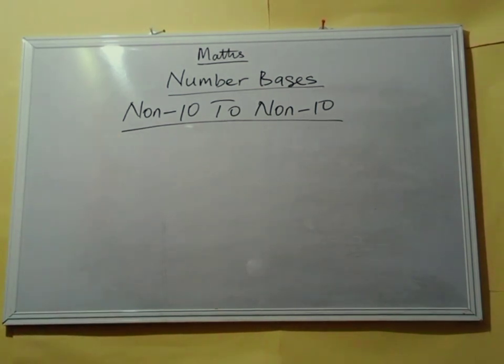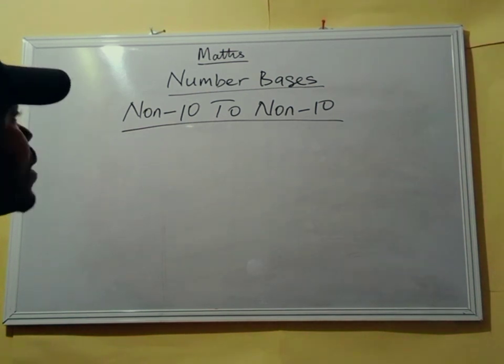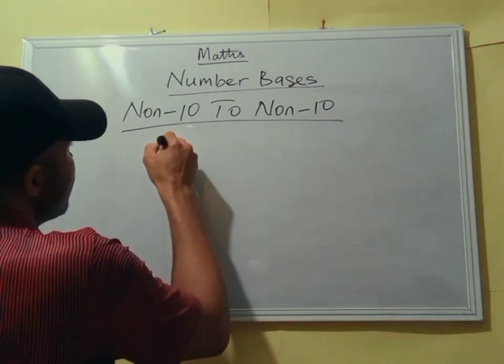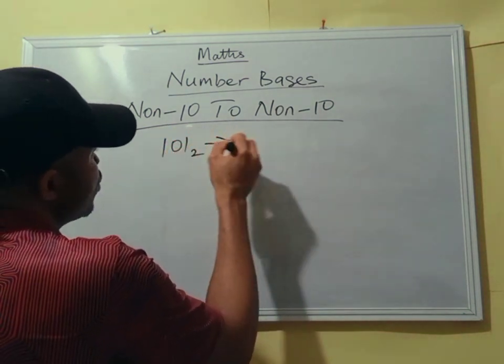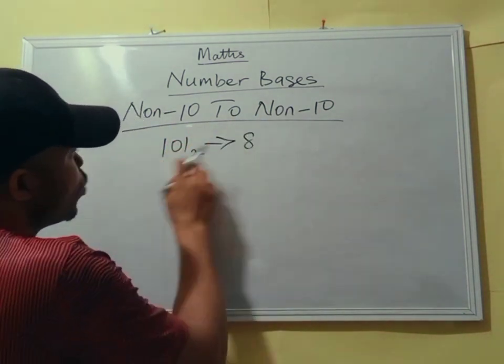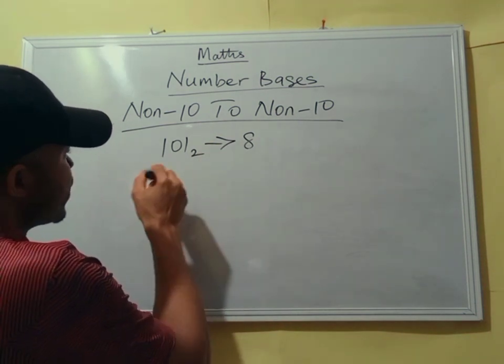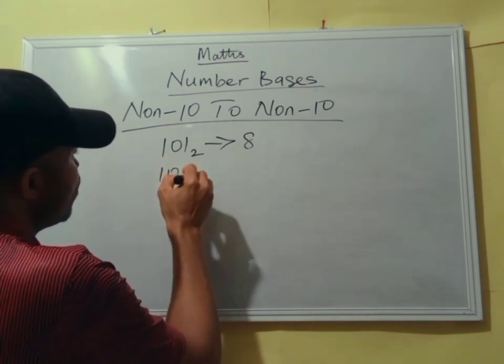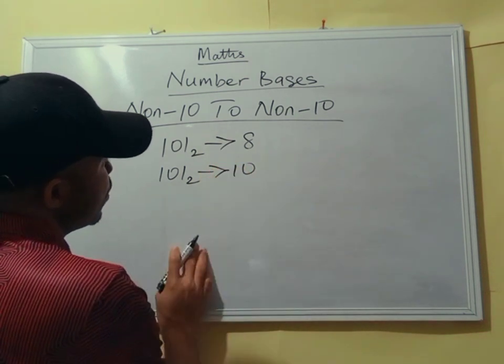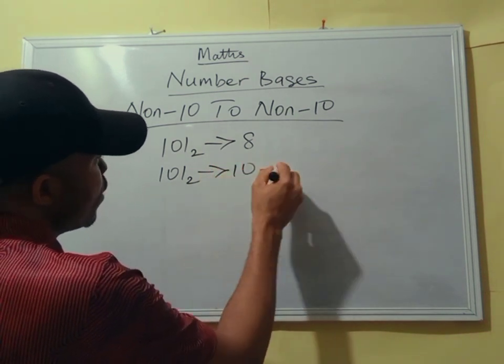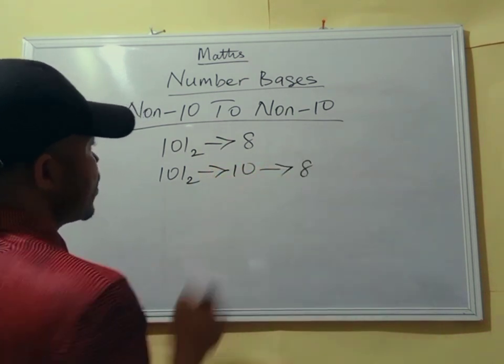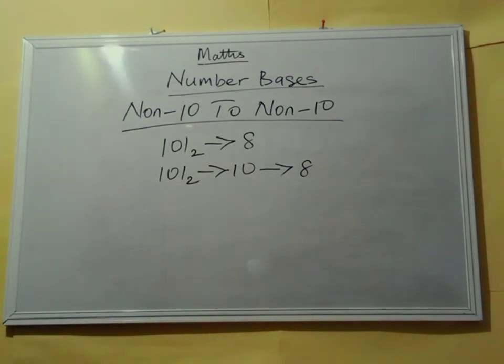Alright, so let's look at this example. This example says we should convert 101 base 2 to an octal number, that is to base 8. We can't do it directly, we have to pass through base 10. So that will be 101 base 2 equals base 10. We get the number in base 10, we convert that number now to base 8 to arrive at our final answer.